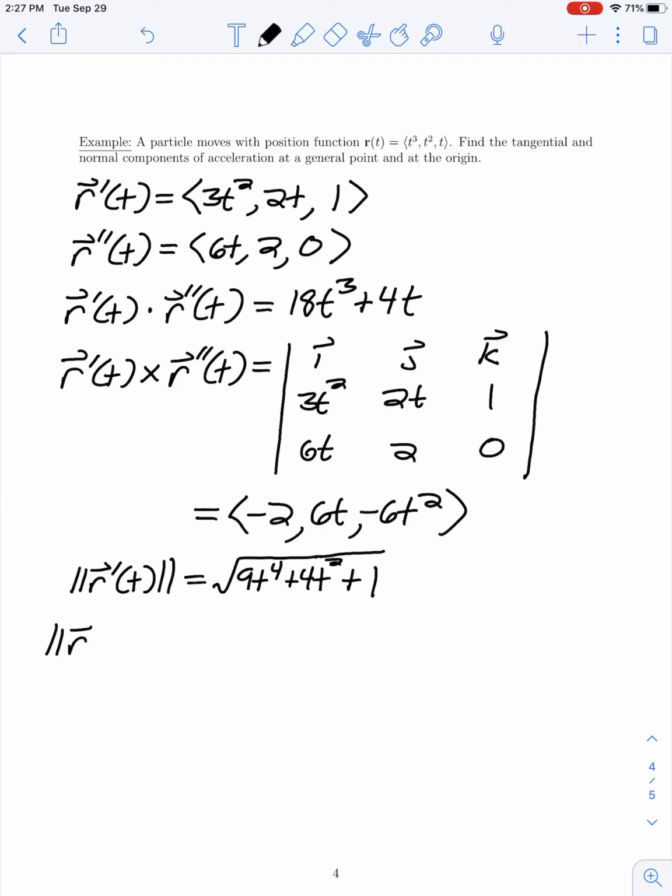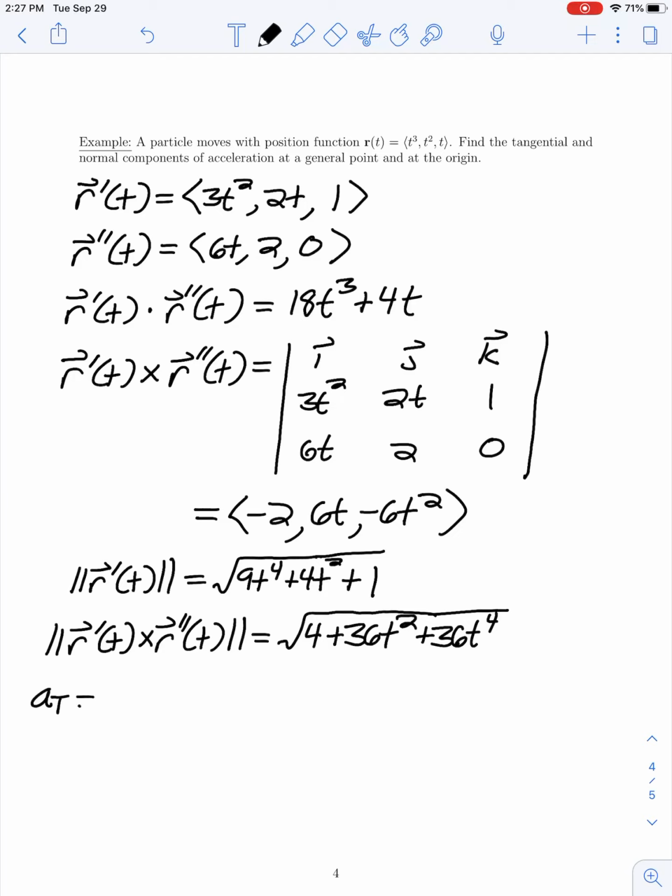And we need the magnitude of the cross product of r prime and r double prime. Taking the magnitude of the cross product, which we found above, we would have the square root of 4 plus 36t squared plus 36t to the fourth. And once we have these components, we're ready to find our tangential and normal components of acceleration.